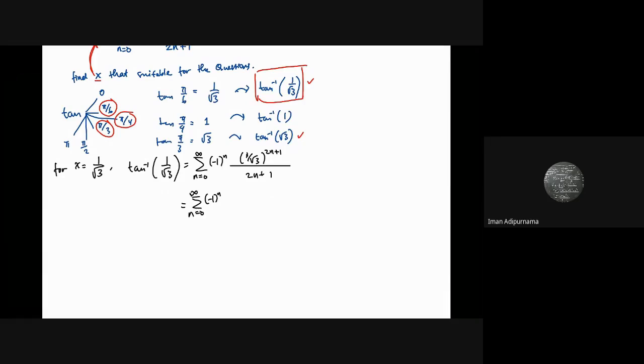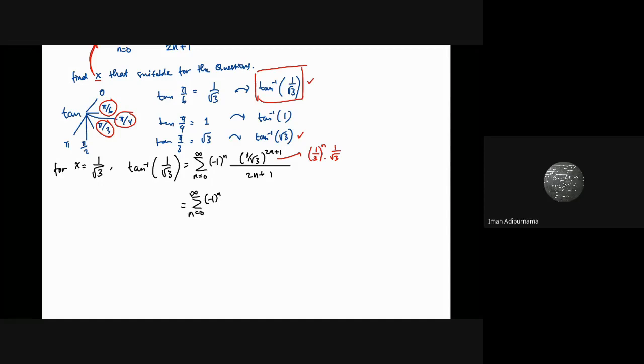Now, I can write this as 1 over 3, right? And this will be n, and multiply with the 1 over square root of 3, right? Now let's do that.